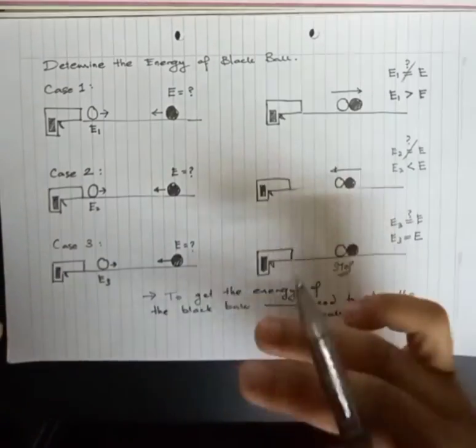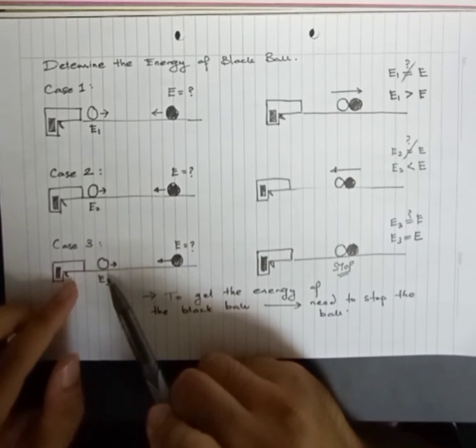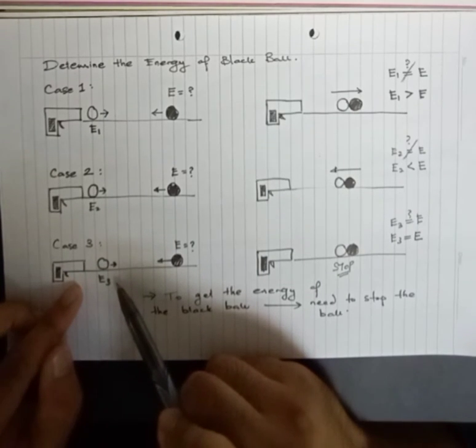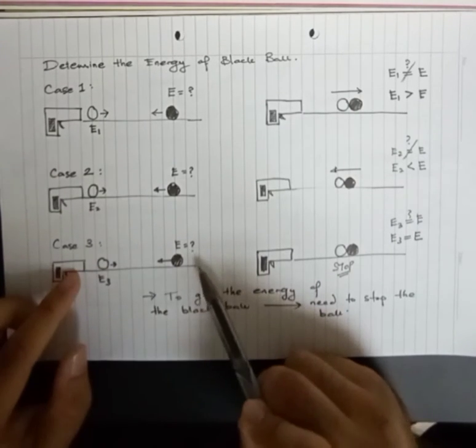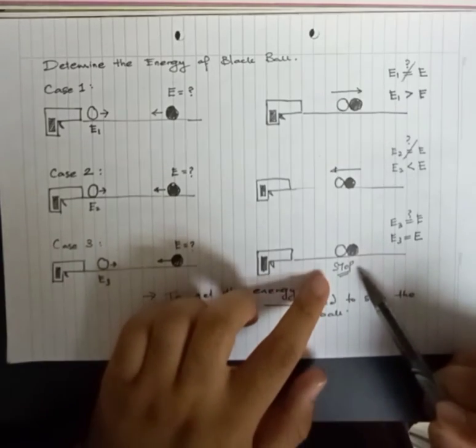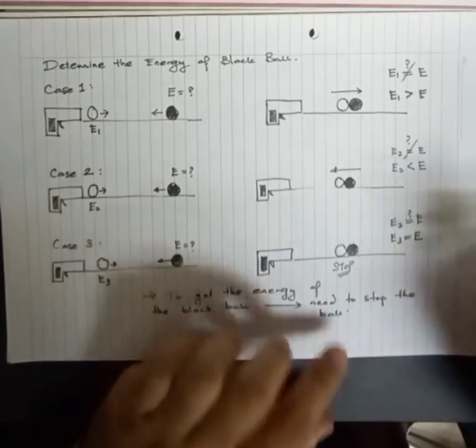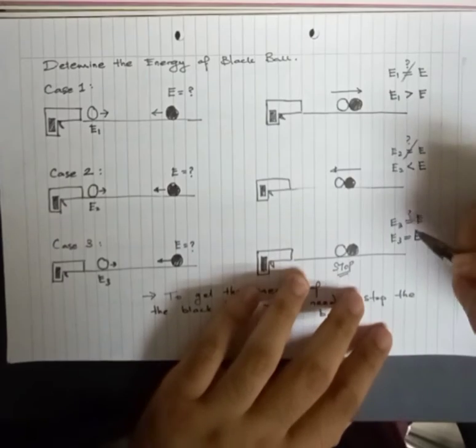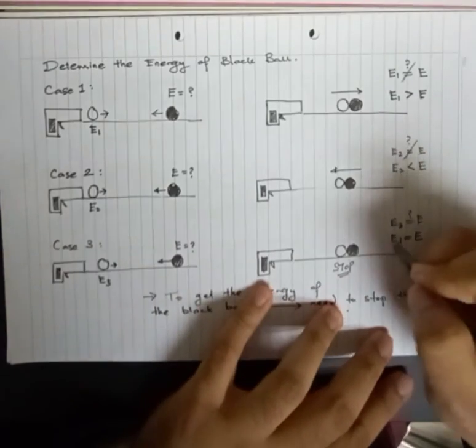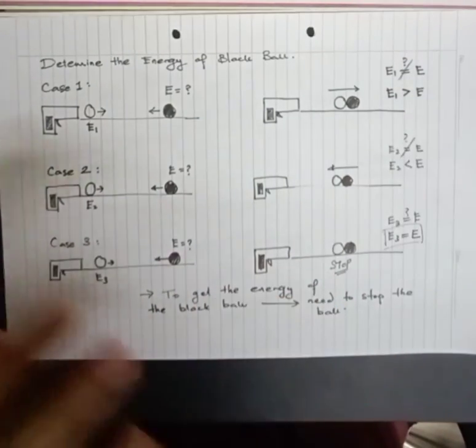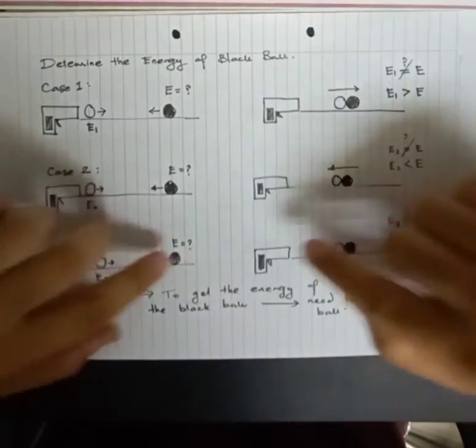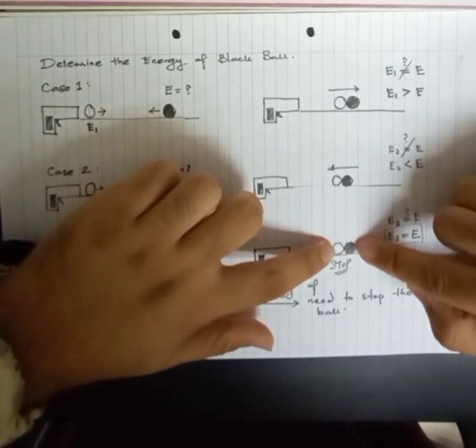If you look at case 3, we adjust the energy of the white ball to be E3. When they hit together, both balls stop moving. For this case, we can say that E3 is equal to E, because both of them have the same energy, and as a result, both balls stop.